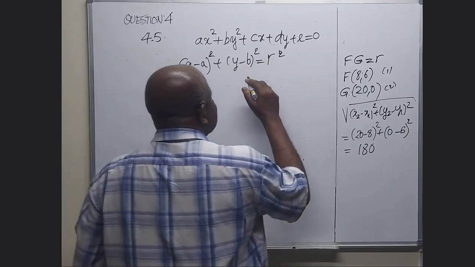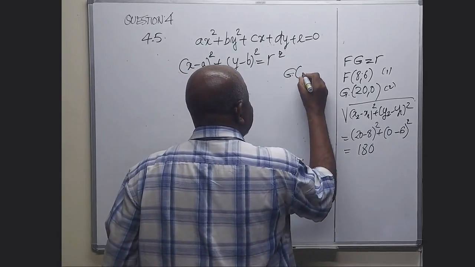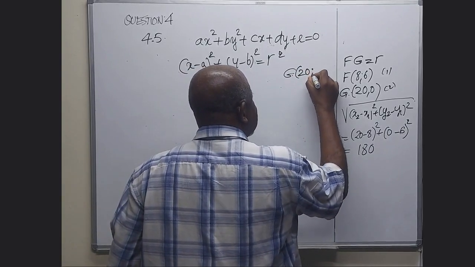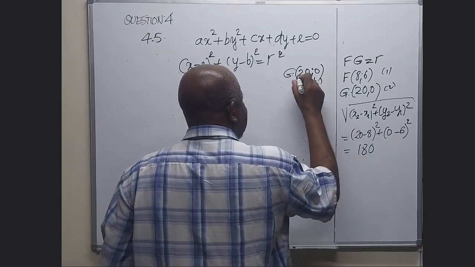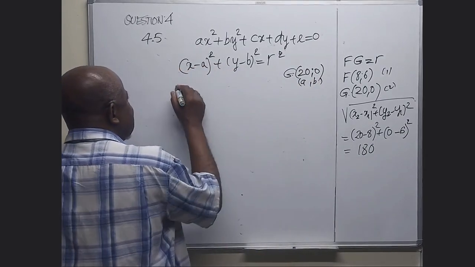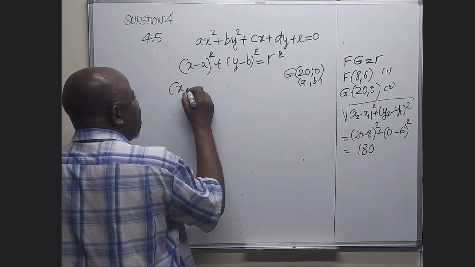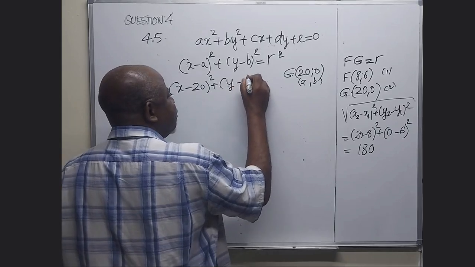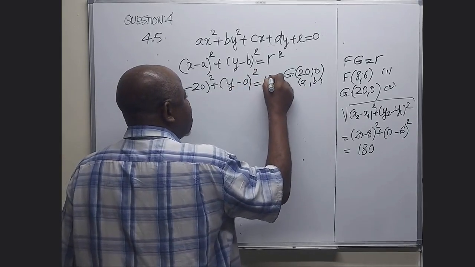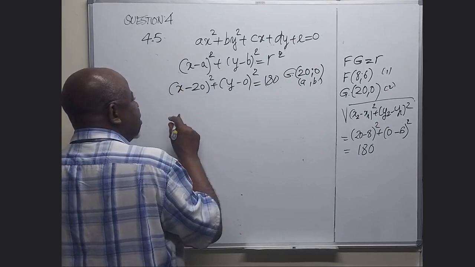So the coordinate of the center is G, (20, 0). Here is our a, b; they are the coordinates of the center. So our equation will be (x minus 20) squared plus (y minus 0) squared. This will be equal to 180.